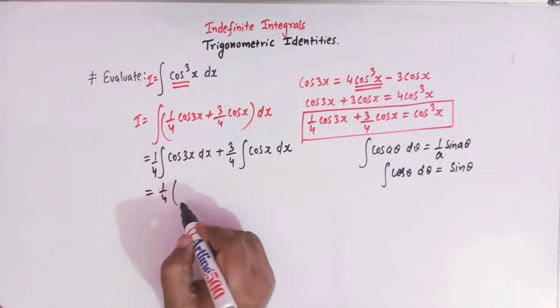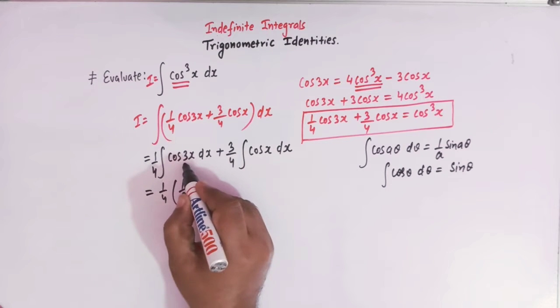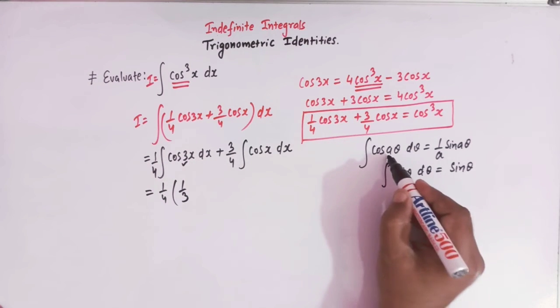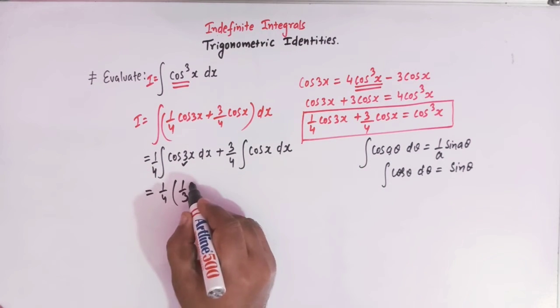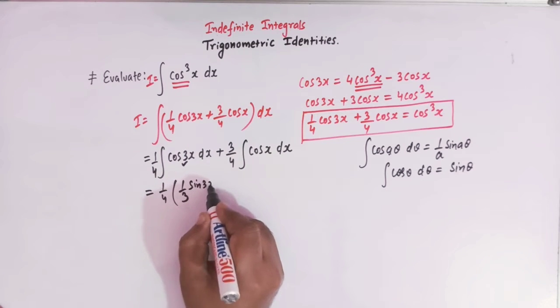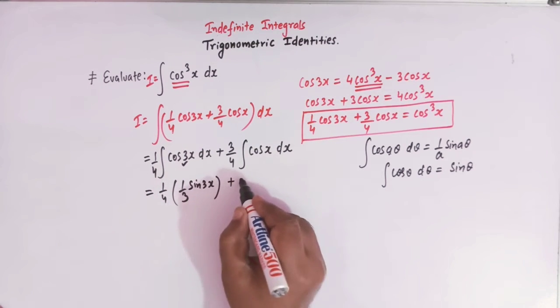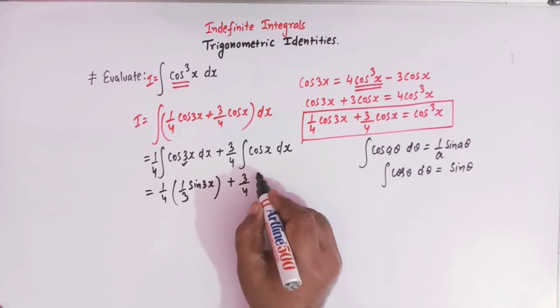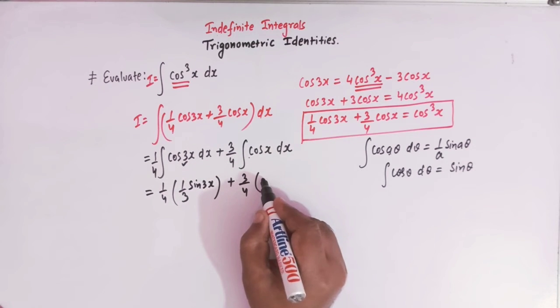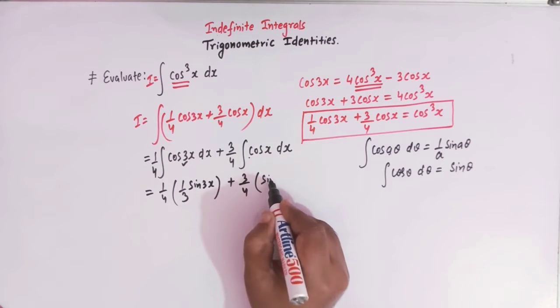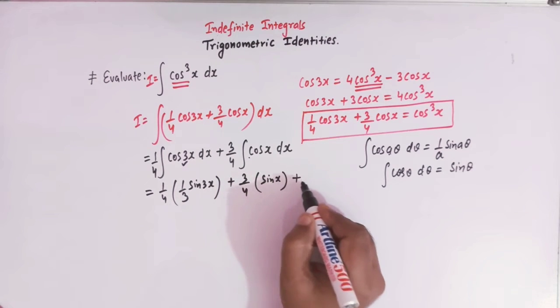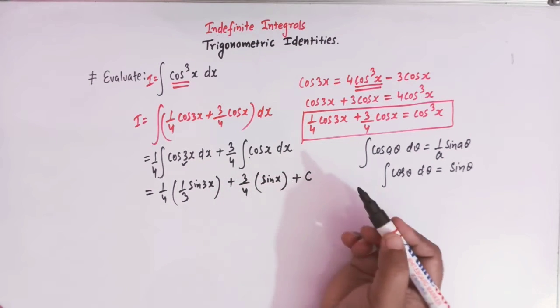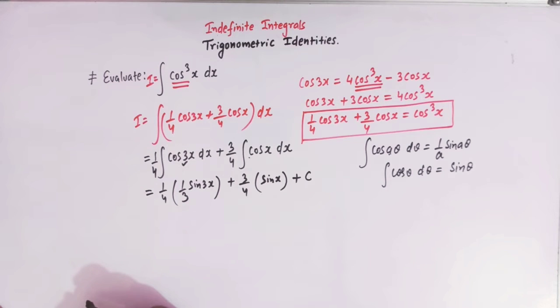So here we can write 1 over 3 because the value of a is 3, and we have sine of 3x, and then we have 3 over 4. The integral of cosine x is sine x, and here we have c as the constant of integration, right?